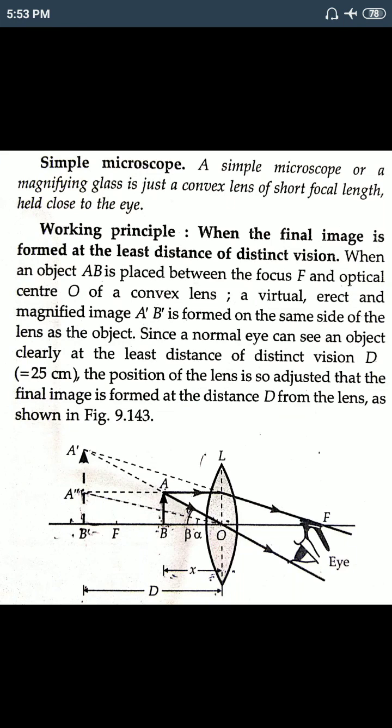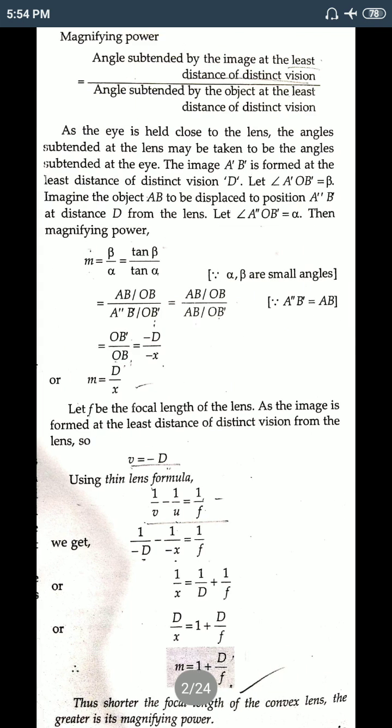If we adjust the position of the lens, the image will form at a distance of D from the lens. This is the ray diagram for the simple microscope. Now we calculate the magnifying power of the simple microscope.